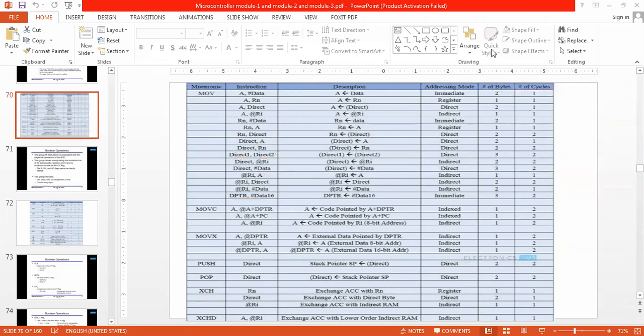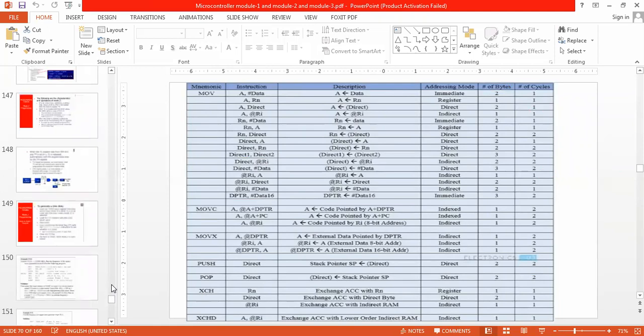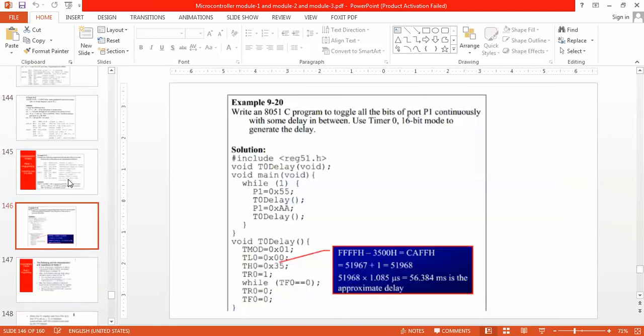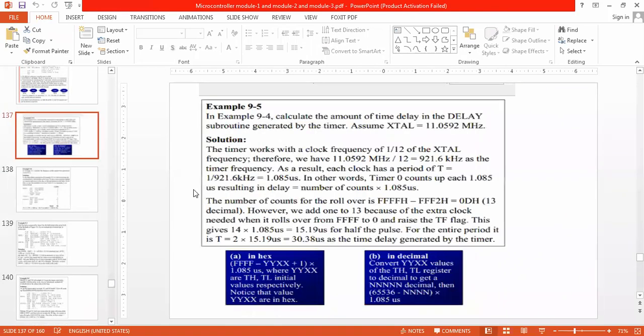With this example, it will now be very easy to calculate the time period. So how do we calculate the total time period?